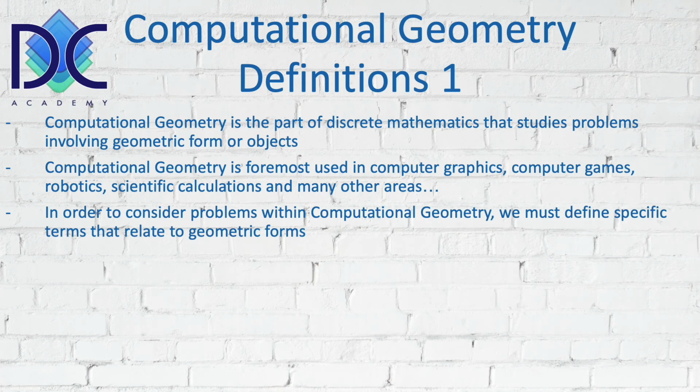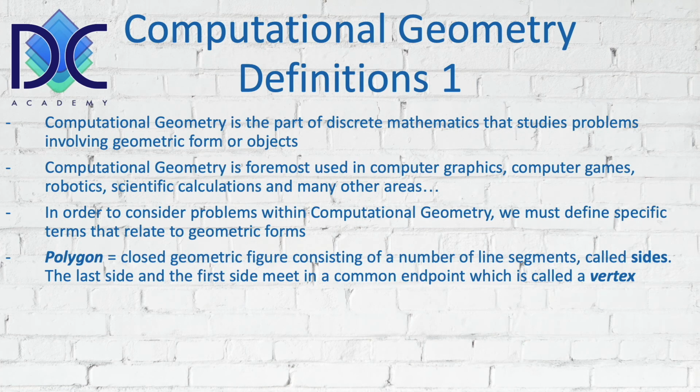Now, when we look at the problems related to computational geometry, it's very important to define certain terms that in fact are necessary to understand what we will be talking about in the following slides. We have to look at some definitions related to geometric forms.